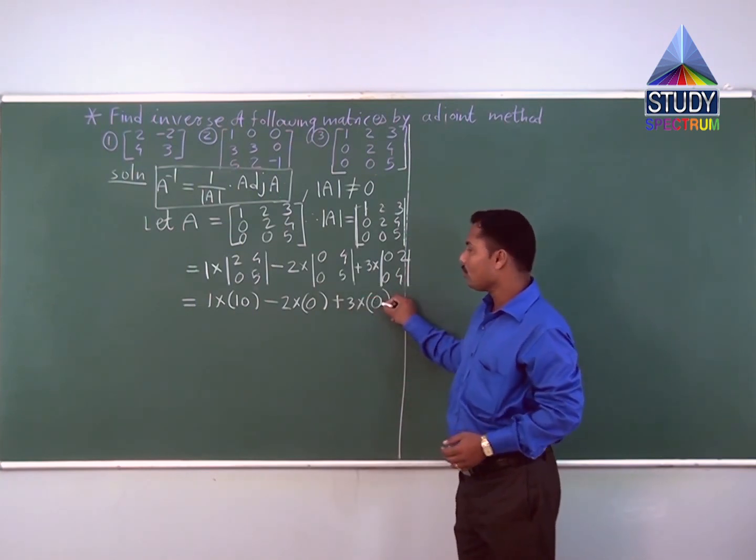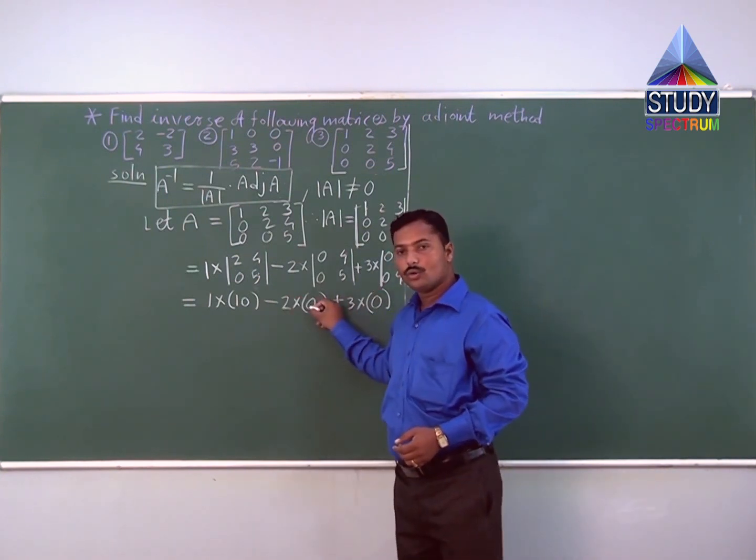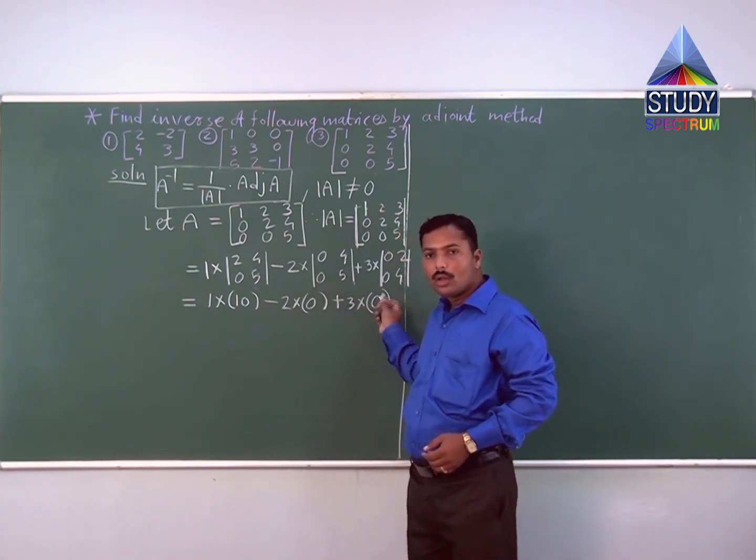So 3 into 0, 0, 2 into 0, 0, 0 plus 0, always 0.